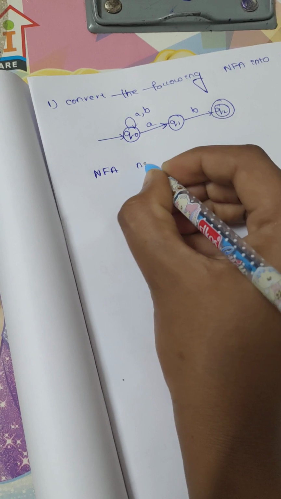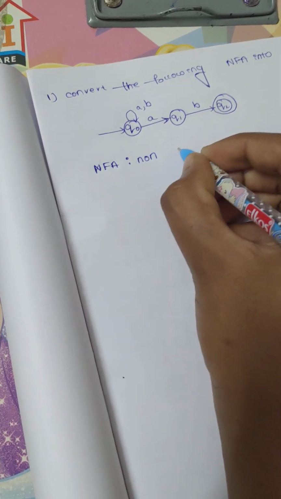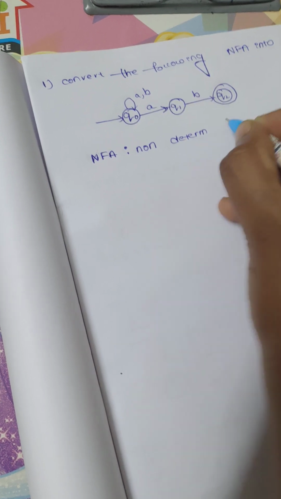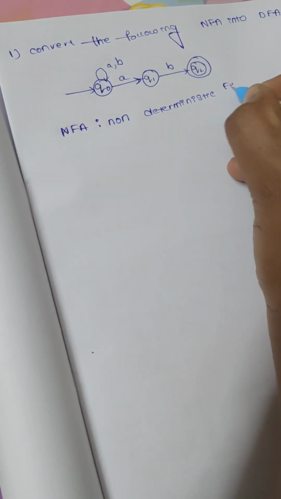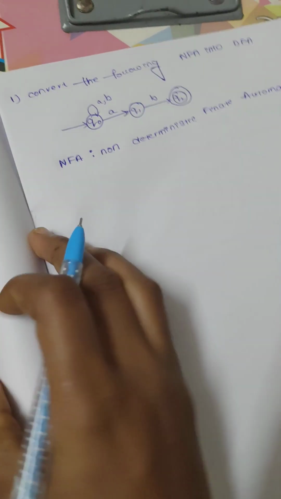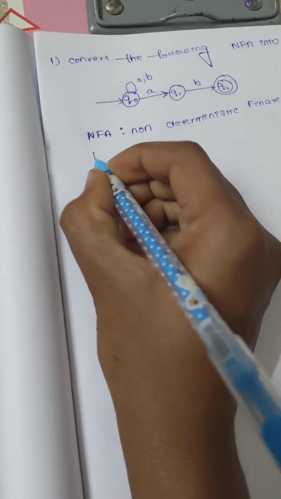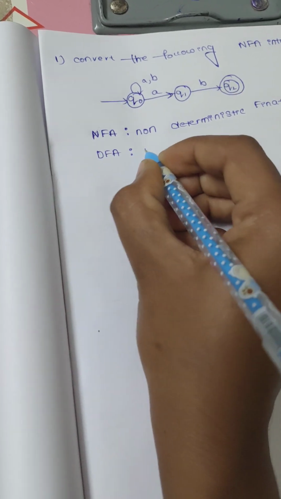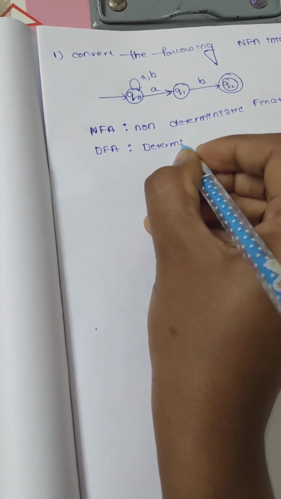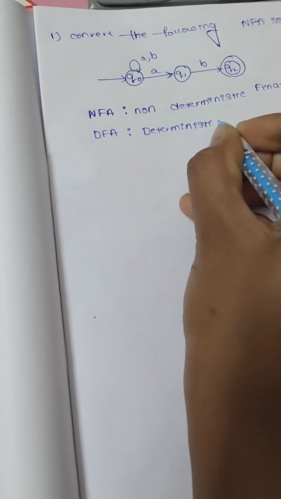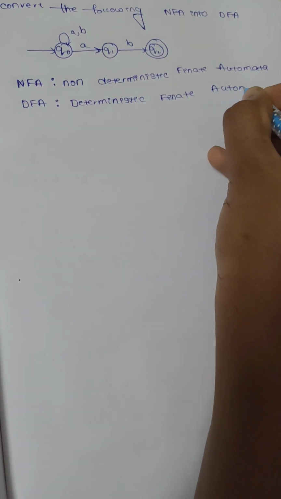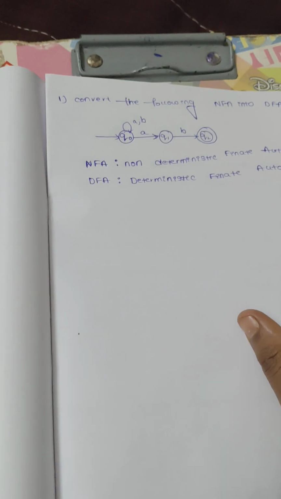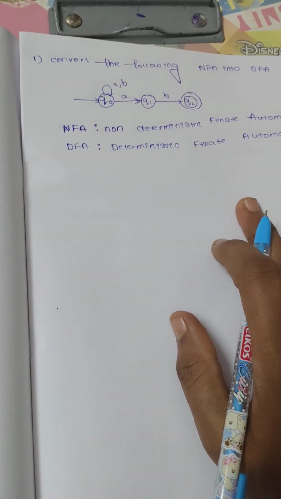NFA stands for non-deterministic finite automata, and DFA stands for deterministic finite automata. These are the full forms of NFA and DFA.